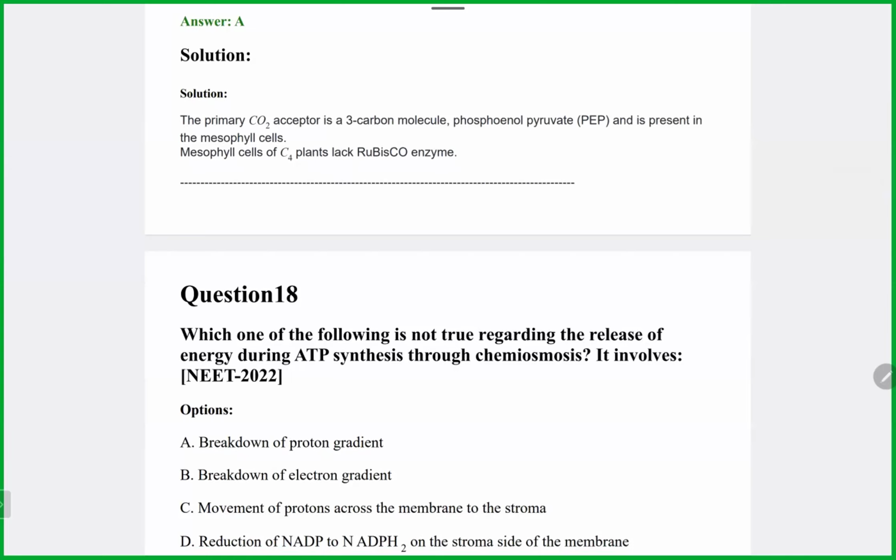So like it's not true. If it is a proton gradient, it cannot be an electron gradient. So the answer will be B.